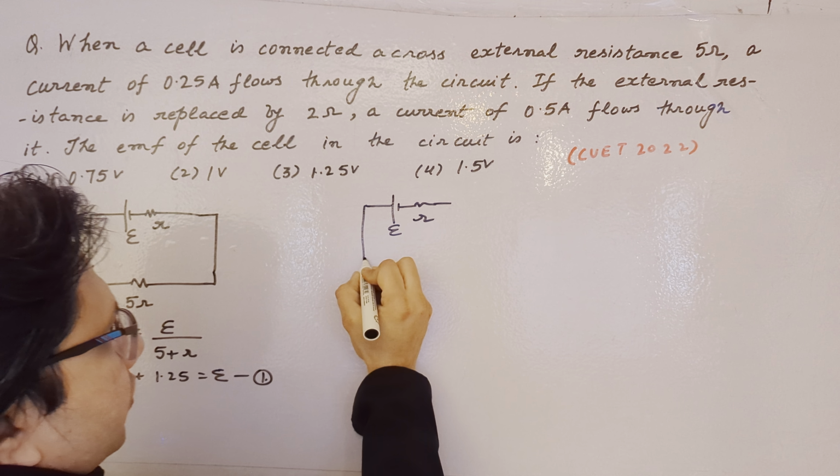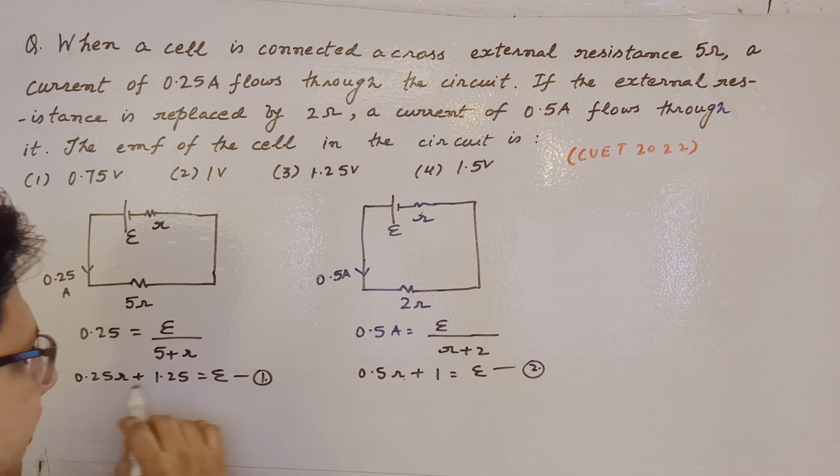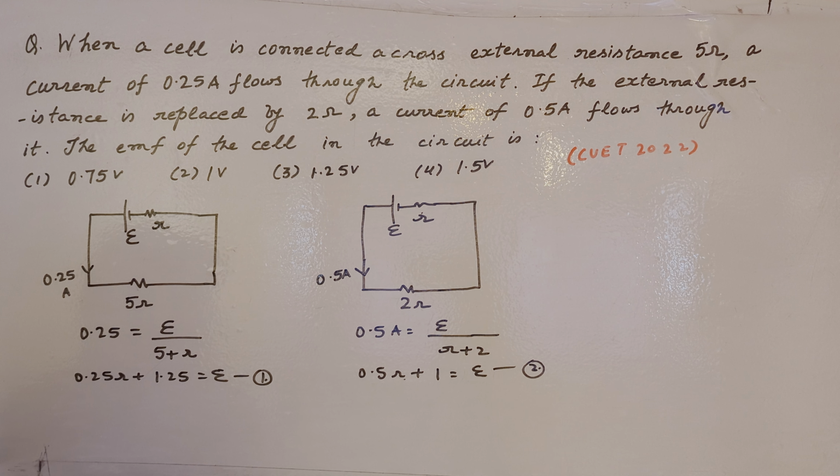Now in this question, we have to find out the EMF, not the internal resistance. So we have to eliminate this small r from these two equations. To eliminate small r, we multiply the first equation by 2 on both sides.